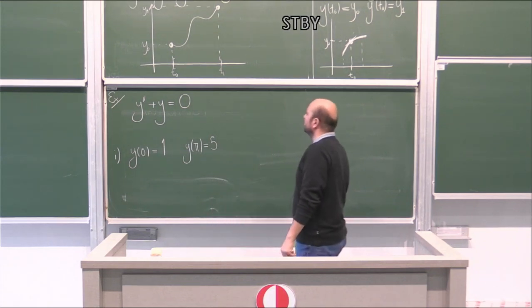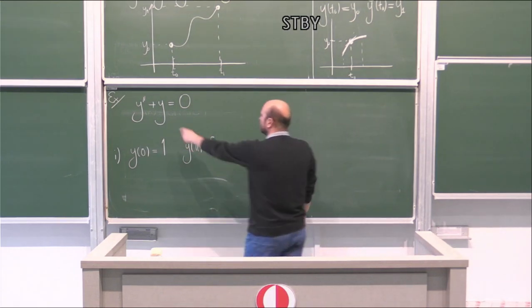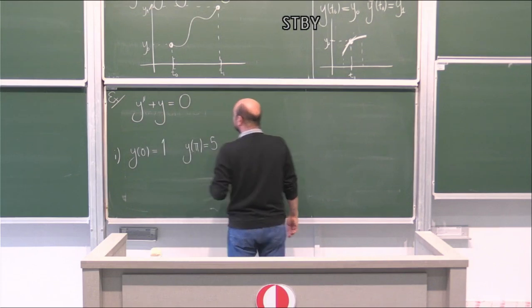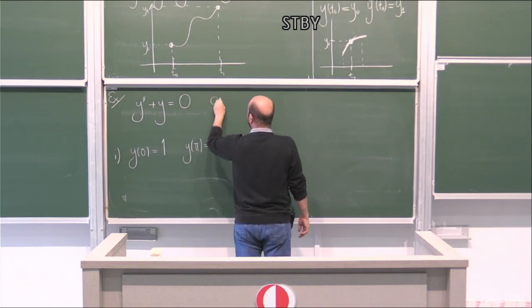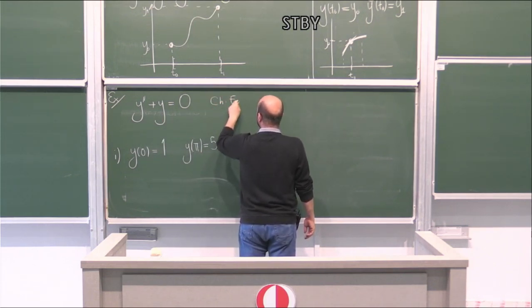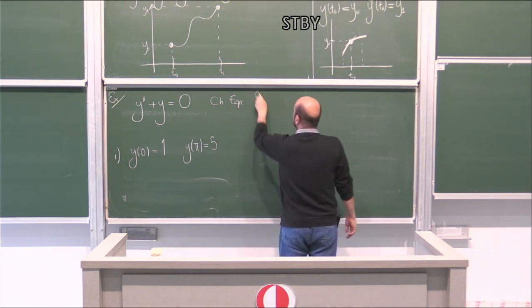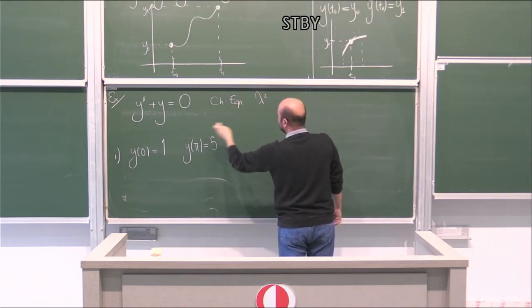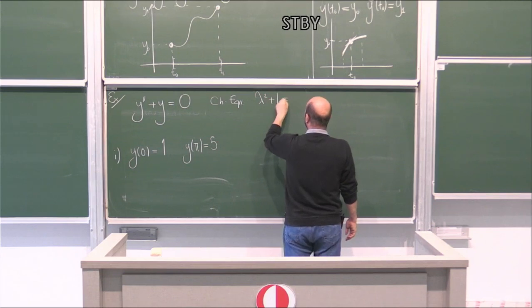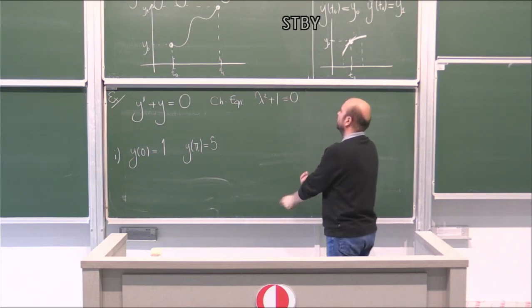If you look at this one, I can easily solve this because its characteristic equation is lambda squared, or r squared, whatever you pick, equal to 0 plus 1.